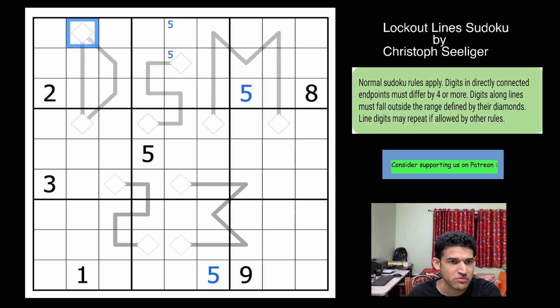So this is what I'm looking at now, this D shape, and see if we can restrict that somehow. So as much as I hate writing all the possibilities here, but I feel I have to do that. 2, 5, 6, 7, 8 and 9. This is 3, 4, 5, 6, 7, 8 and 9.